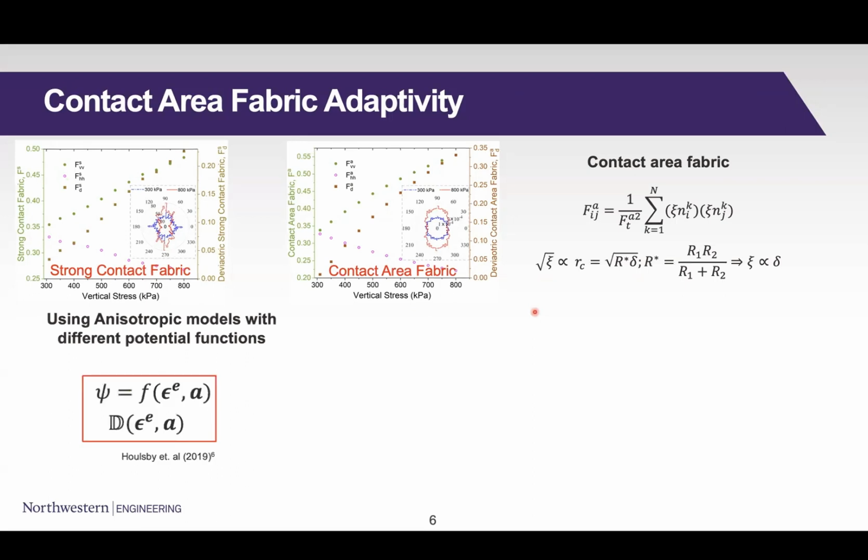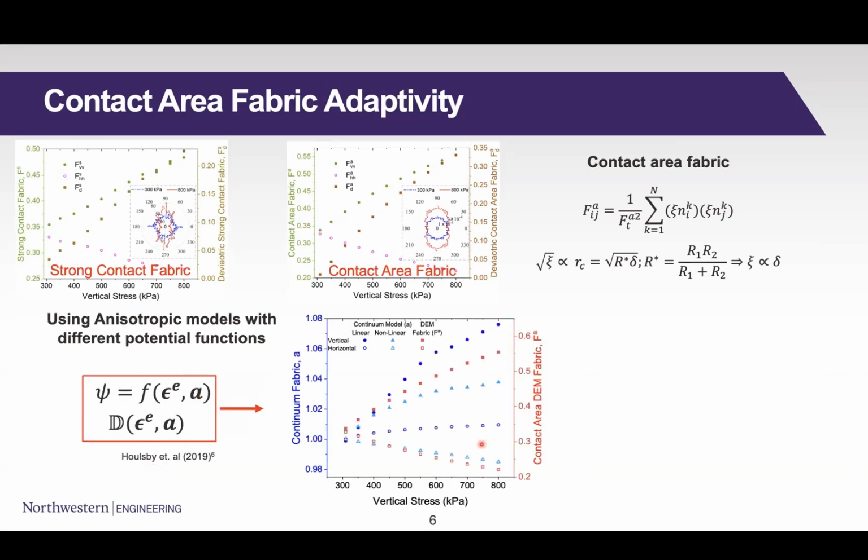Next thing that we did was we basically used simple anisotropic elastic models, which are already derived in the Holsby 2019 paper, and they use a second order continuum fabric tensor.